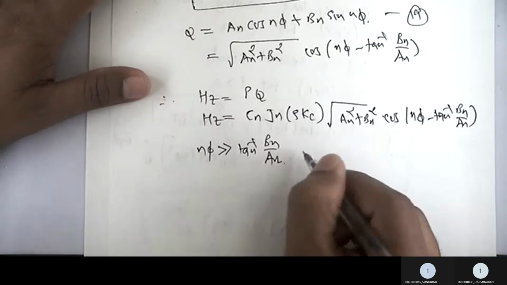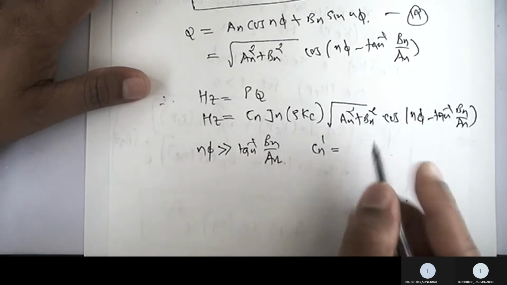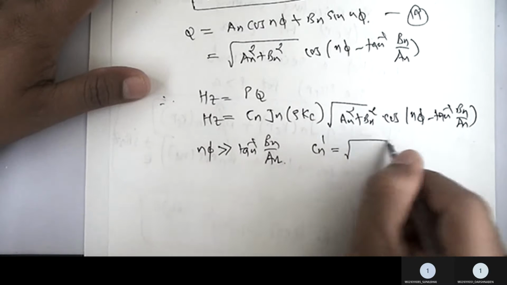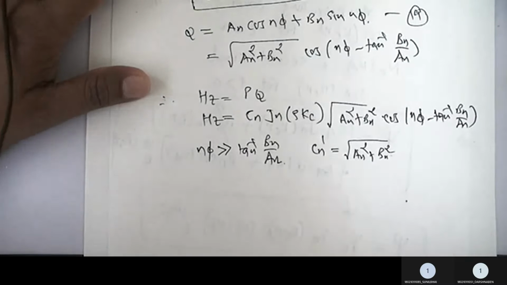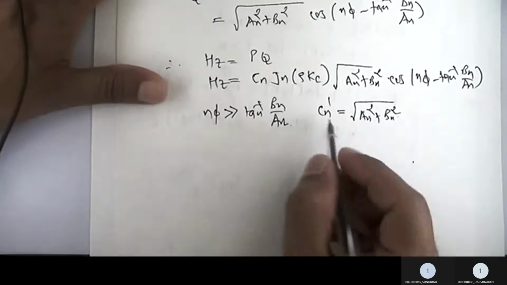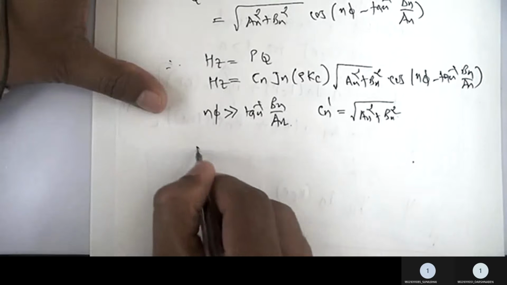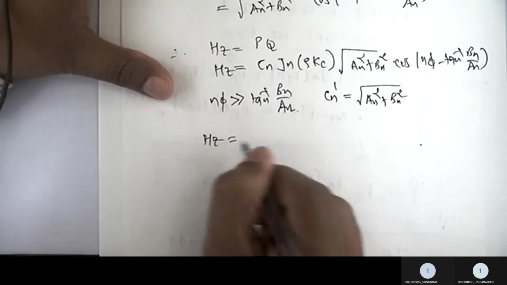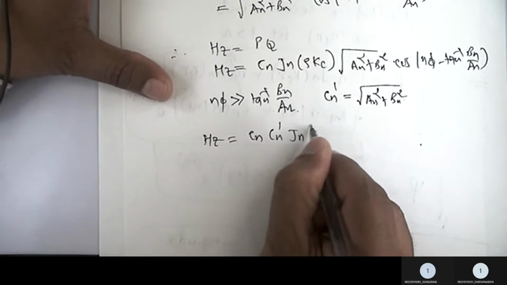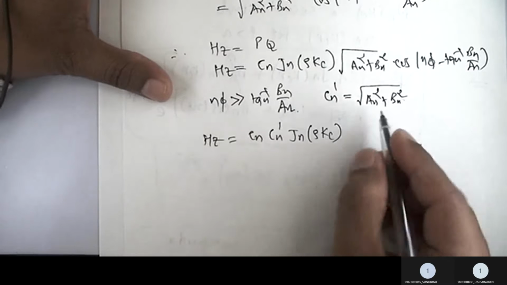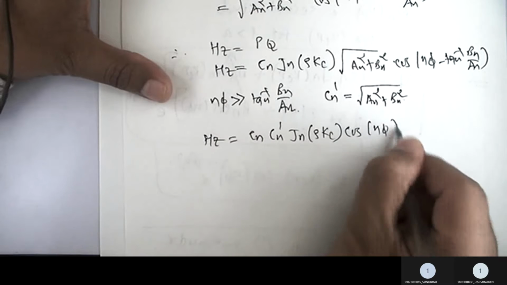So I can say that all of this term I can add as a new variable C_n prime, that is nothing but equal to the square root of a_n square plus b_n square. So if I use these two expressions, then H of z will become C_n, then C_n prime, J_n(ρ k_c), and then cos(nφ) only.